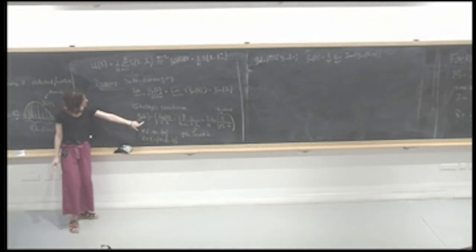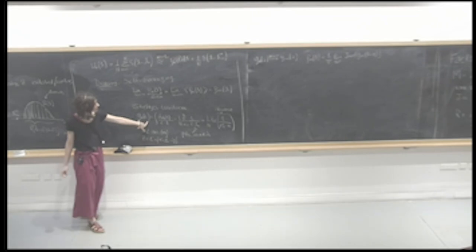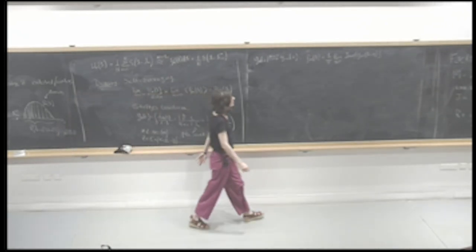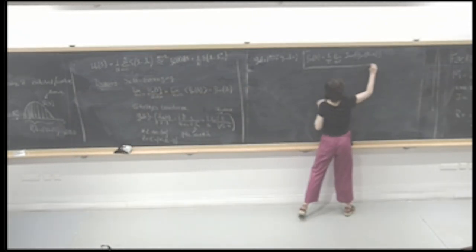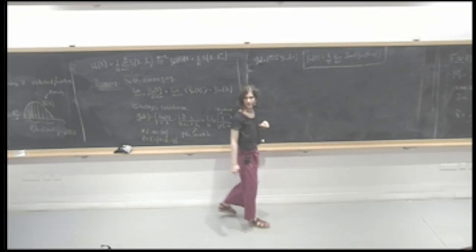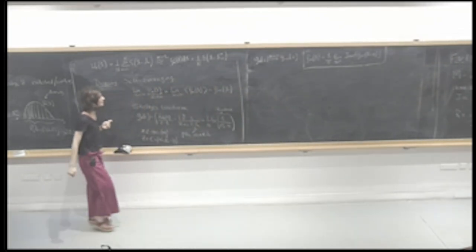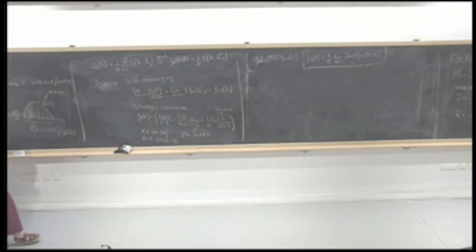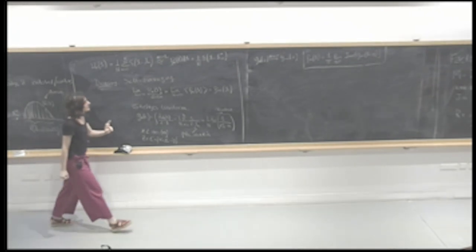So this is just to say that if you know how to compute this object in the limit n large, then you can recover information on the continuous part using this identity. Now this is the density.